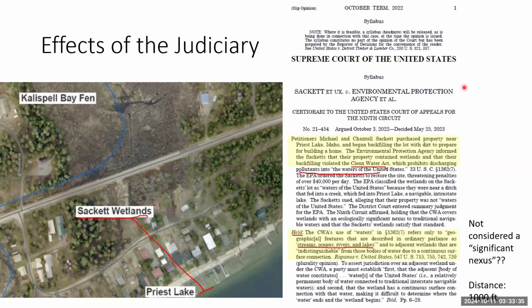And that distance, this distance from the Sackett wetlands to the lake is 1,000 feet. So 3 years ago, significant nexus was almost 3,000 feet. Supreme Court was good with that, but change in court membership 3 years later, now it's not. Even though arguably this one has much more of a superficial connection.